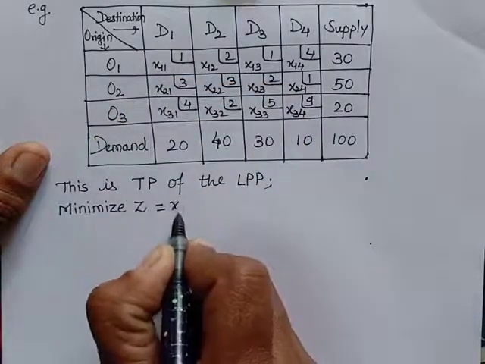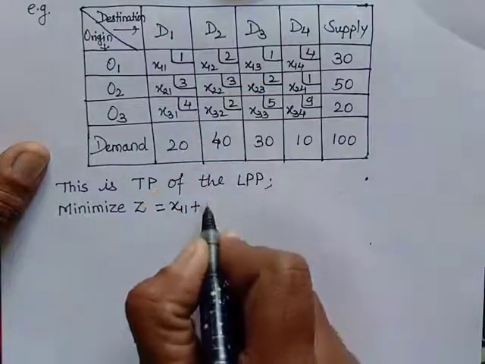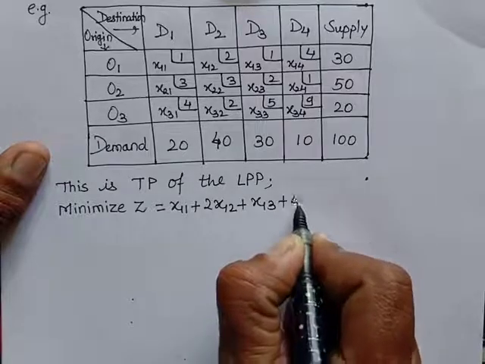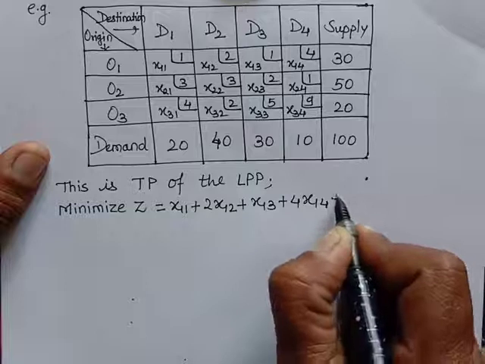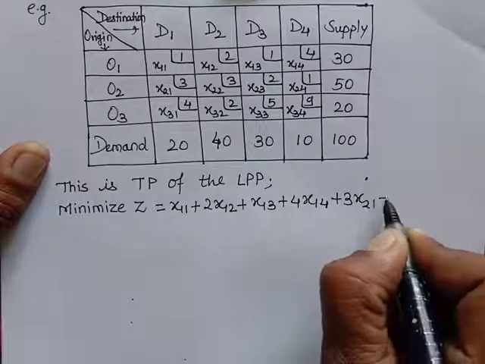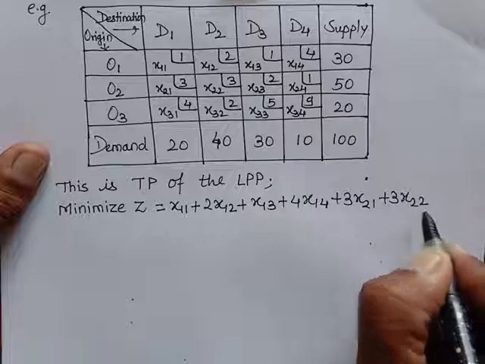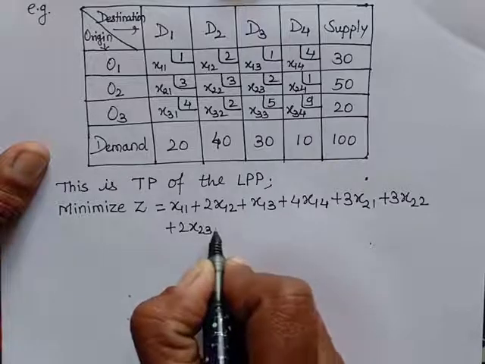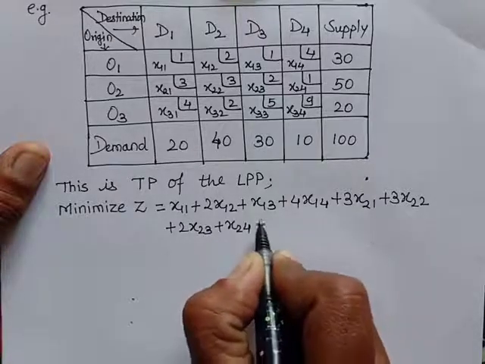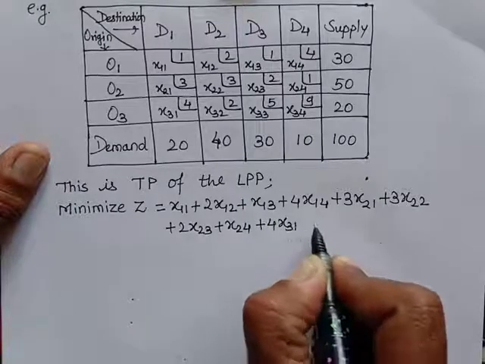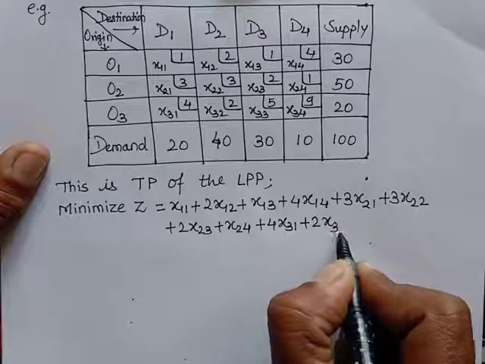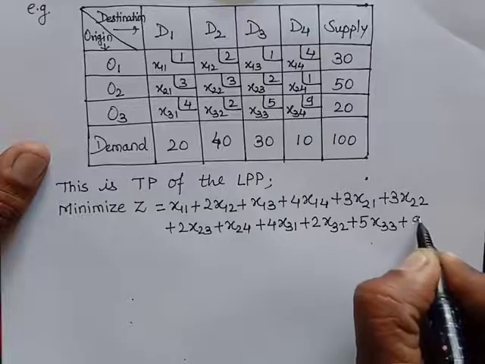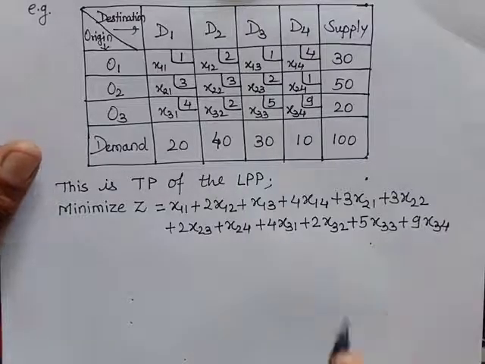So here we get x11 plus 2x12 plus x13 plus 4x14 plus 3x21 plus 3x22 plus 2x23 plus x24 plus 4x31 plus 2x32 plus 5x33 plus 9x34. This is our objective function.